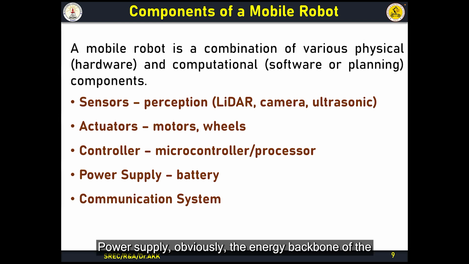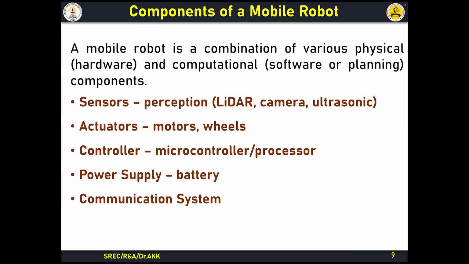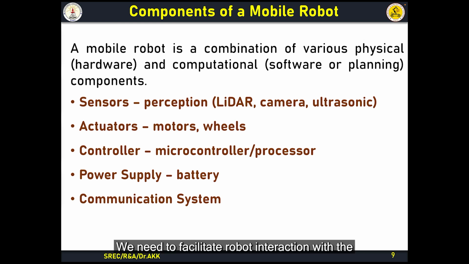Power supply is the energy backbone of the robots, and the control system is the brain behind the robot functions. Normally the controllers are involved here. Navigation and mapping technologies allow robots to navigate and map their surroundings, so we need to incorporate these navigation technologies. And communication systems facilitate robot interaction with humans as well as the environment.